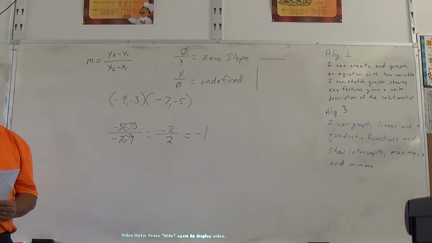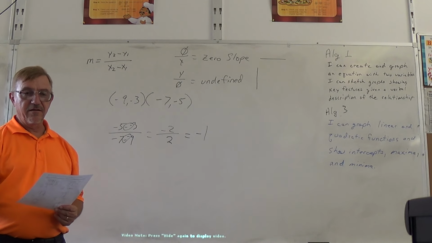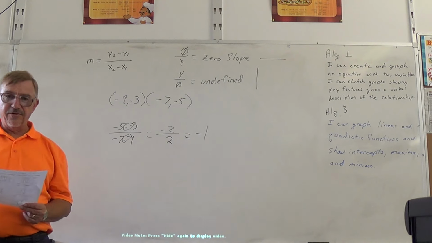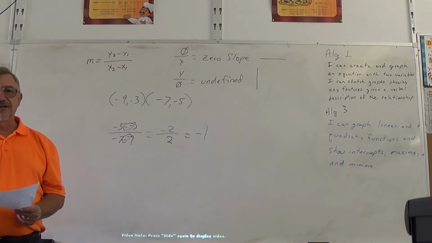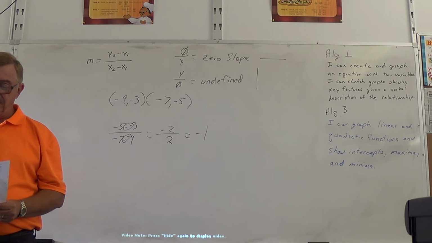I got 1 4/9. Is there a negative in there? No. That's correct. 13 over 9, or normally we would just leave that as a fraction, 13 over 9. It's easier to work with.